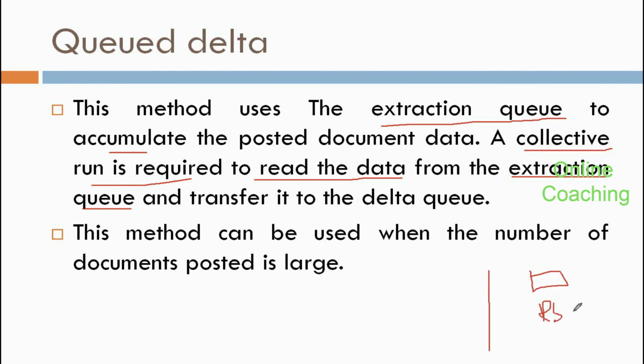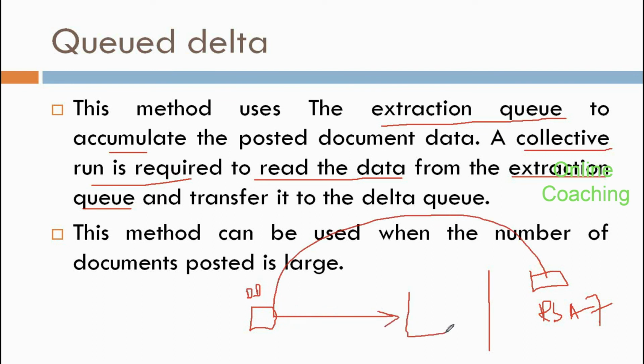So in between, RSA7, this is the delta queue, and your newly created document. If I want to send directly to here, that is direct delta. What if I use queue delta? Queue delta goes to the extraction queue in between. The record will go to here. It will read the record.